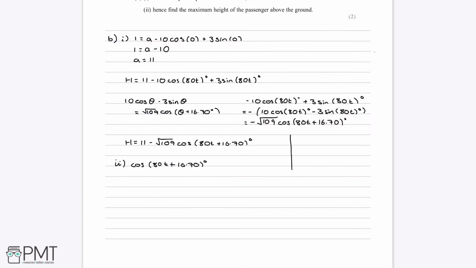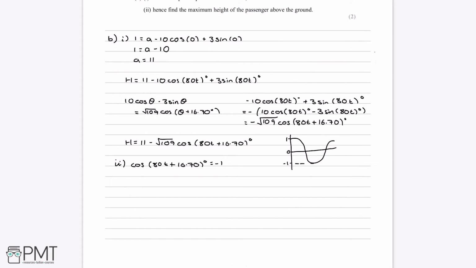And we know this if we were to draw a rough sketch of a cos graph, where here is 1 and this is -1. And so we can see that the smallest value that cos can take is -1. And therefore, if we were trying to make this as small as possible, we would have to make it equal to -1. That's as small as we can get it.